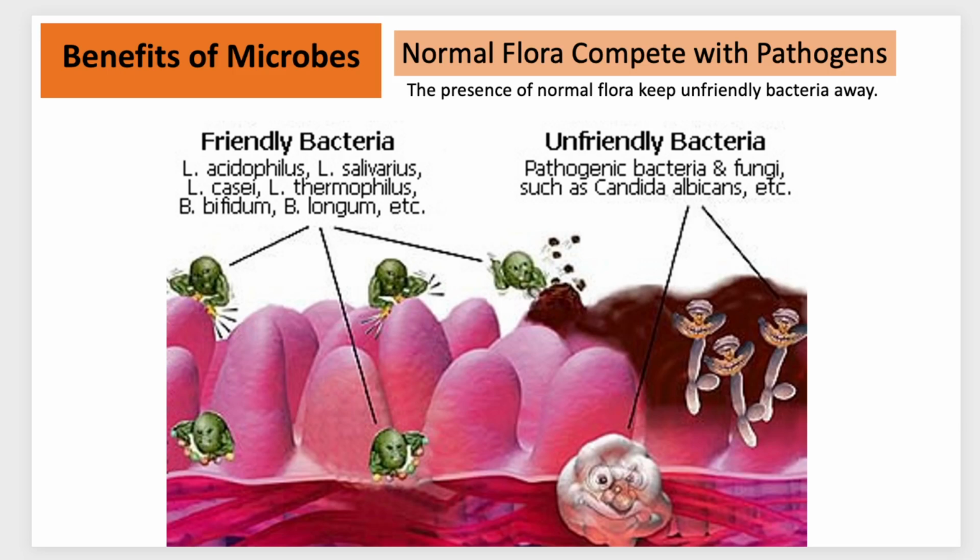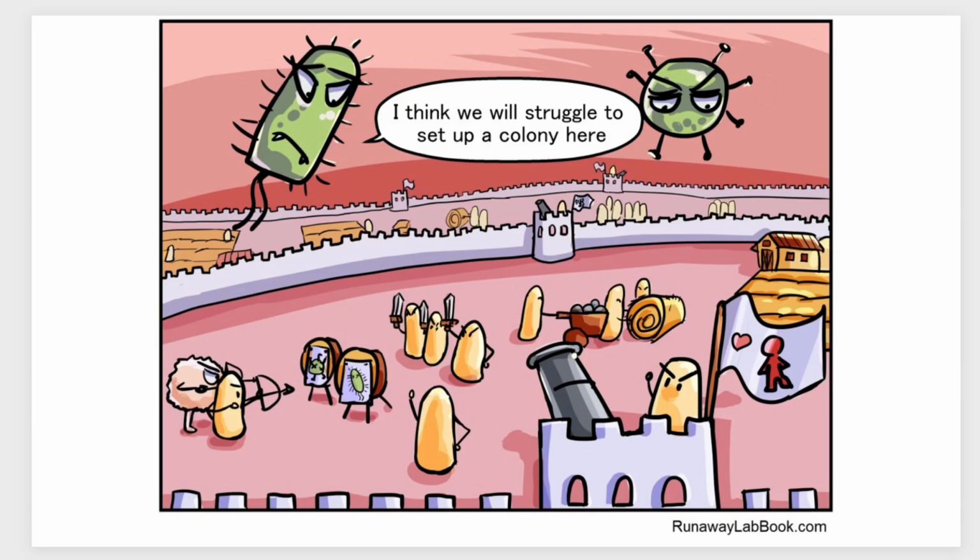So, for example, if pathogenic bacteria, like in this image here, are trying to infect your body, but all of the places to live are already taken up by good bacteria, then the bad bacteria can't find a place to take up residence. So they're basically excluded because all the good places to get settled in are taken up.